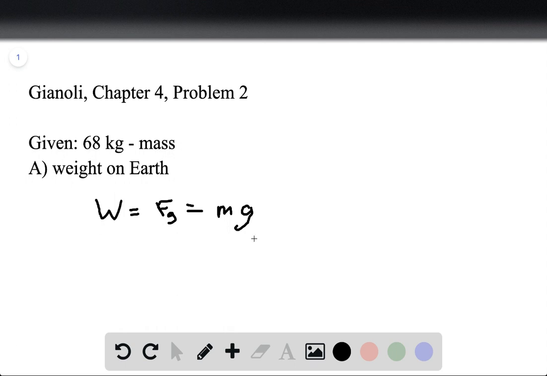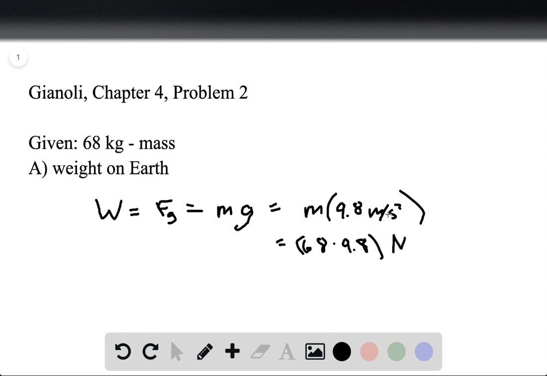And on Earth, we know that this is approximately 9.8 meters per second squared. So plugging in the mass at the same time, 68 times 9.8, and this will be in newtons, kilograms, meters per second squared.